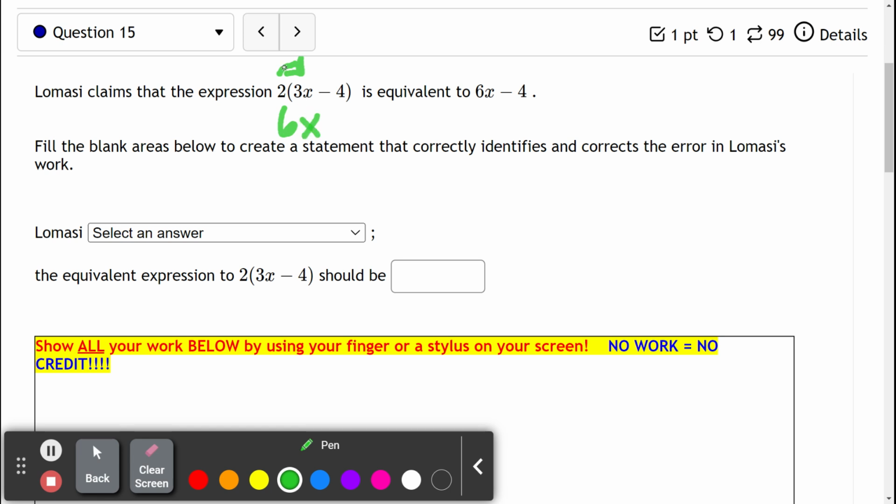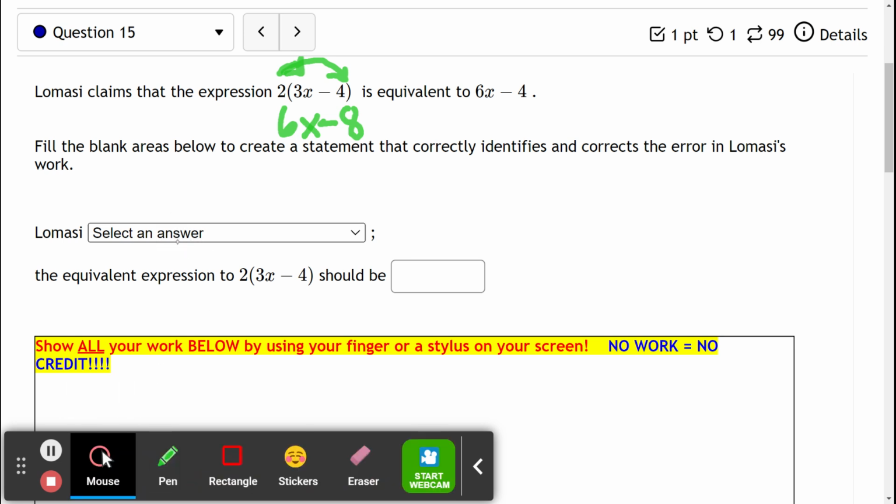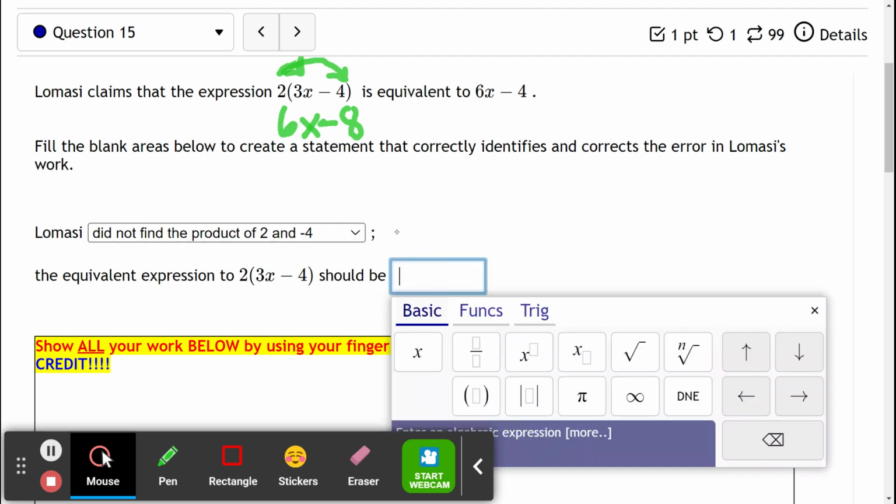That's fine. But 2 times negative 4, that's negative 8. So it should have been 6x minus 8, not 6x minus 4. So let's fill this in. Lomasi did not find the product of 2 and negative 4. And the equivalent expression should have been 6x minus 8.